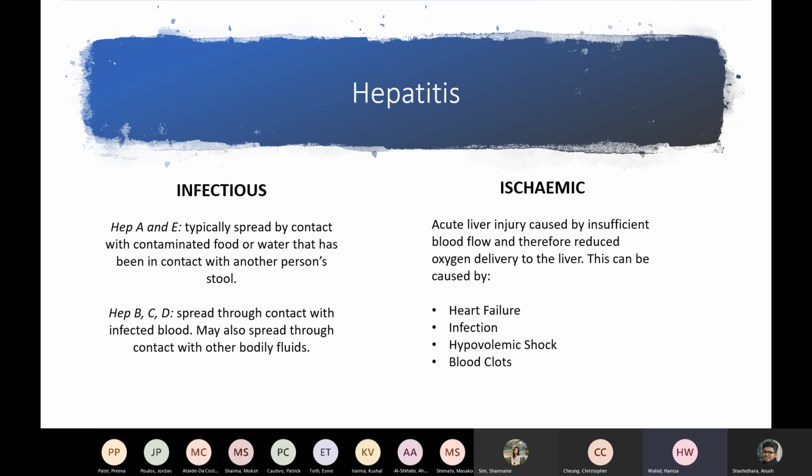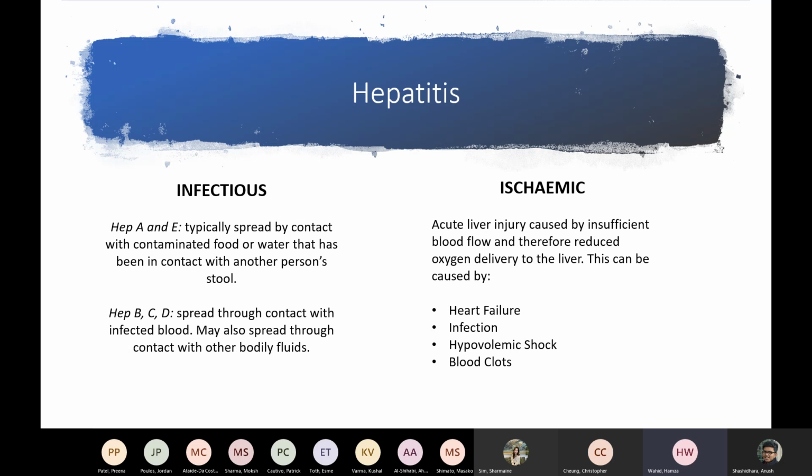Oh, I thought that one was going to be alcohol, but it came out with ischemic. But there you go, that's a spoiler. So yeah, infectious causes are Hep A, E, B, C, D. Again, a lot of these things are topics in and of themselves, but I'm just going over them. And the more we repeat them, the more they'll be solidified in your memory.